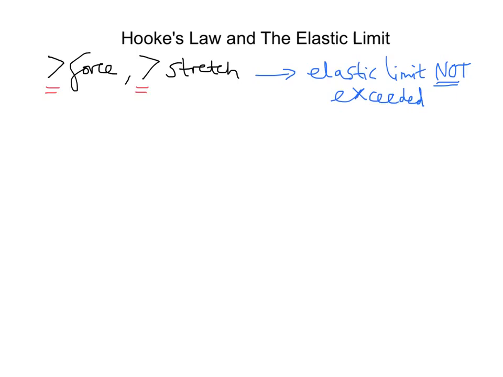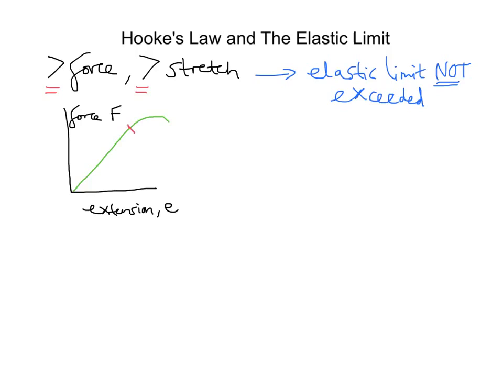So if we were to draw a very quick sketch on a graph of how this would look, let's put force at the top, represent that with F, and let's say we're measuring extension on the bottom, and that would be, let's call it E, you get a very characteristic graph. It looks a little bit like this. So we get this uniform or proportional rise, and then what appears to be a dip.